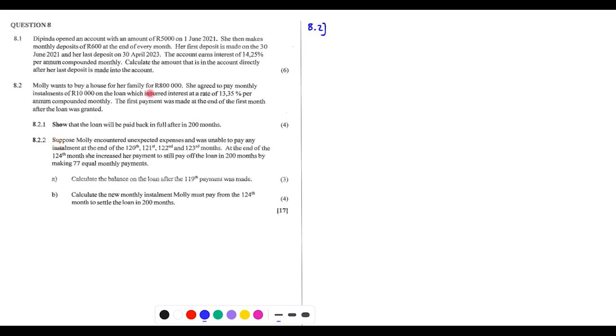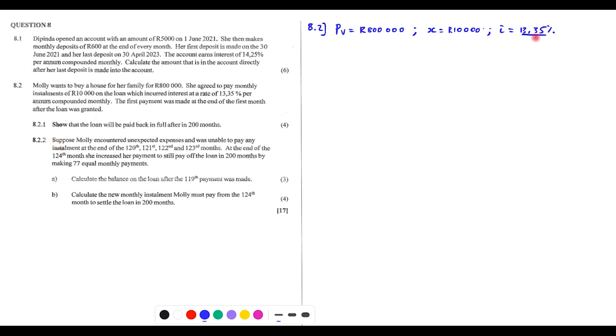All right. Now here we can see how much the loan is. Molly wants to buy a crib, right? 800,000 rand. So it means she got the money. She's happy. And then the bank said you will pay 10,000 rand, and Molly was like, fine. And then the interest was 13.35%, and again Molly was like, it's okay.